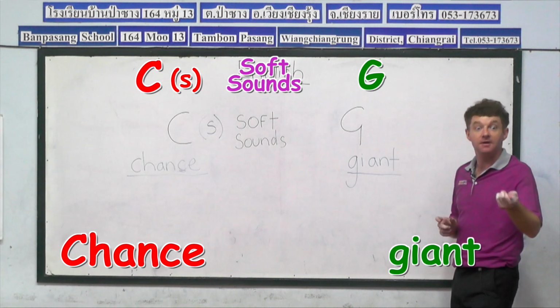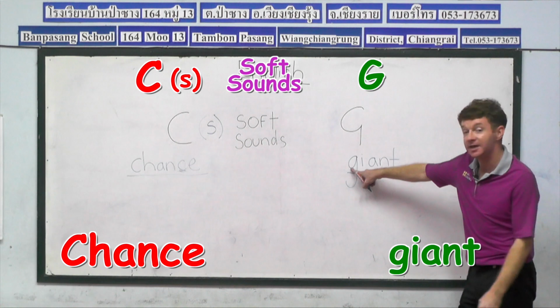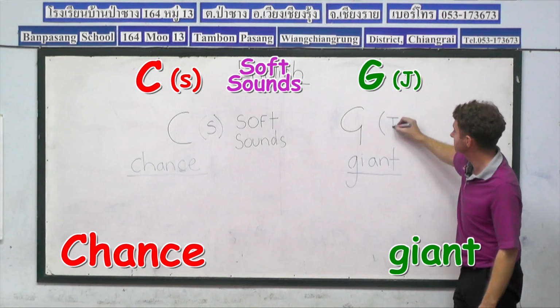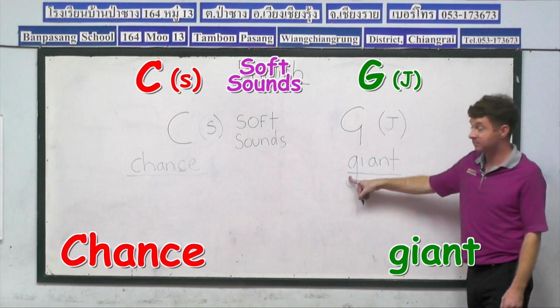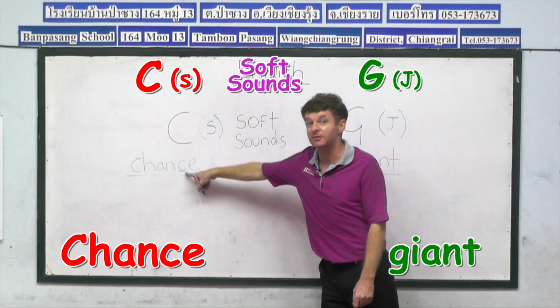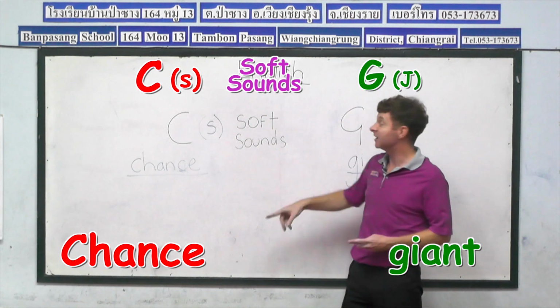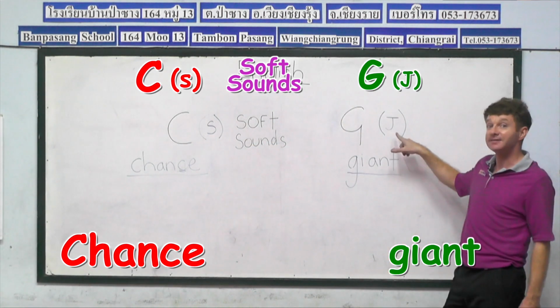Giant. J. Excellent. You see, when we use the G as the soft sound, G becomes J. The spelling is still G. The spelling is still C. But the way that we pronounce the soft sounds is the same as letter S, and the same as letter J.